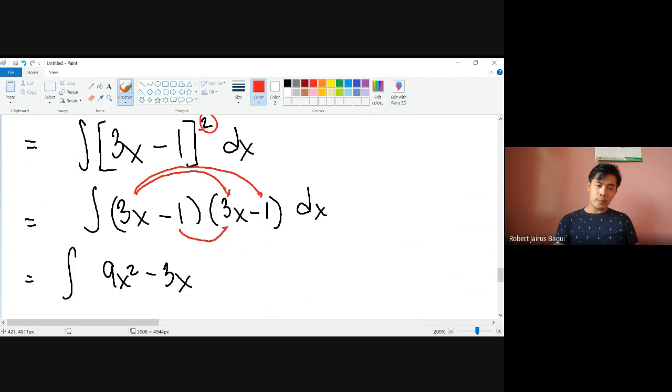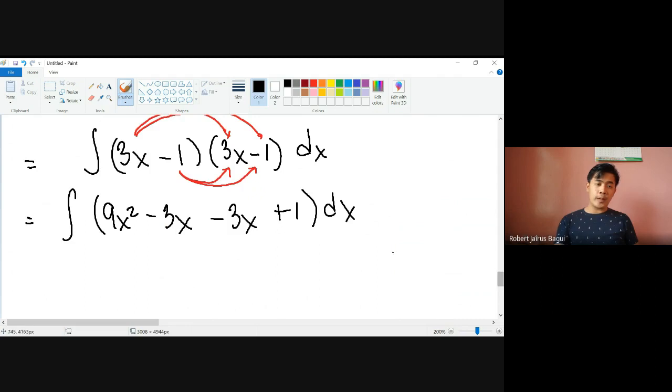So negative 1 multiplied by 3x, negative 3x. And negative 1 times negative 1 is positive 1. Then yung pinakadulo ay plus 1. Simplifying this, meron tayong pwedeng pagsamahin. This would be 9x squared minus 6x, since dalawa yung negative 3x, plus 1.